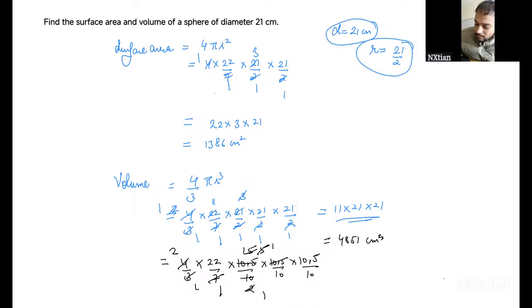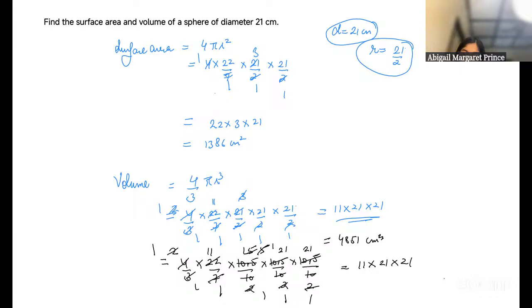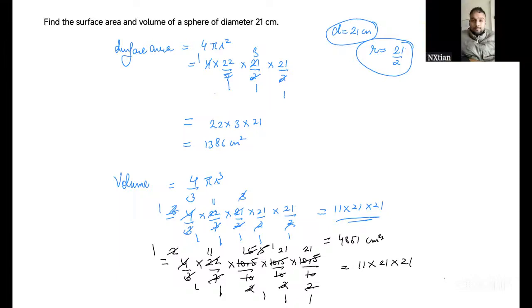This will become 21, this will become 2, this will become 21, this will become again 2. So 2 elevens are 22, and again I got 11 into 21 into 21. Yeah, I found my mistake. Instead of multiplying 4 by 3 into everything, I did 3 by 4 into everything. Okay.